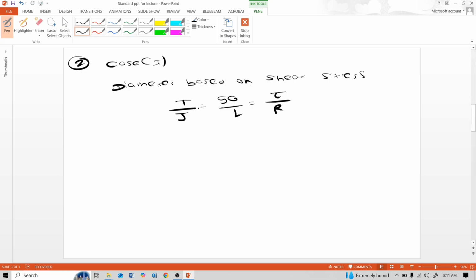This is the formula for torsion: T by J is equal to G theta by L is equal to tau by R. For diameter based on shear stress, we consider the first and third terms. For a circular shaft, J is pi by 32 into D raised to 4.